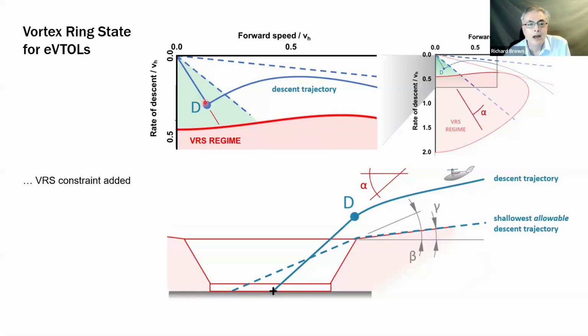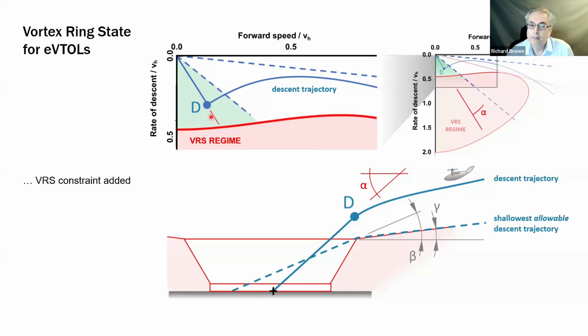You can see that by enforcing a very steep descent into that final cone, you're forcing the aircraft to consider the possibility that vortex ring state might occur. If I were to approach along that line at any descent rate greater than this point over here, then I would encounter vortex ring state.